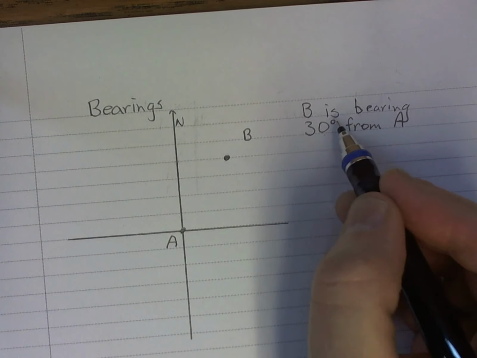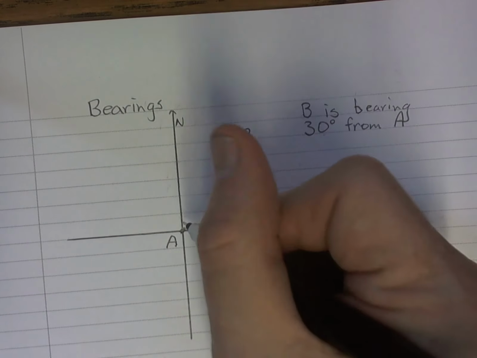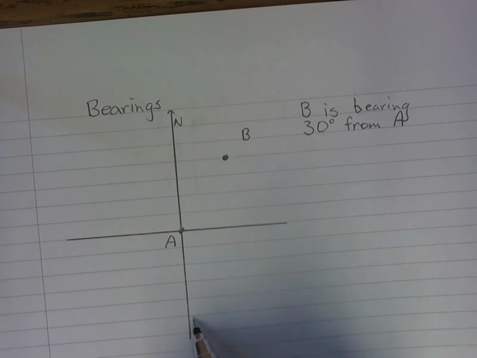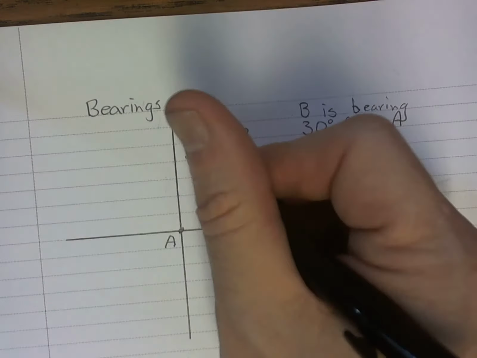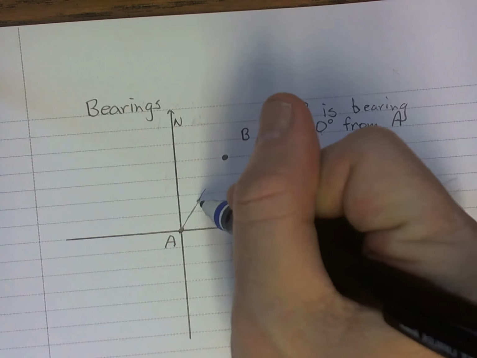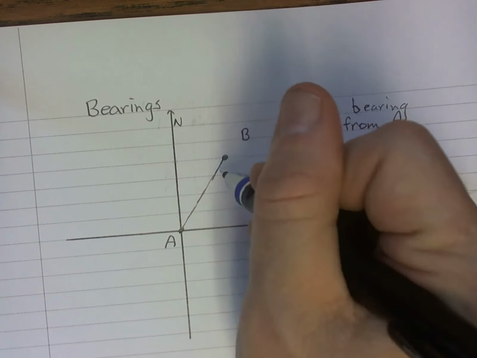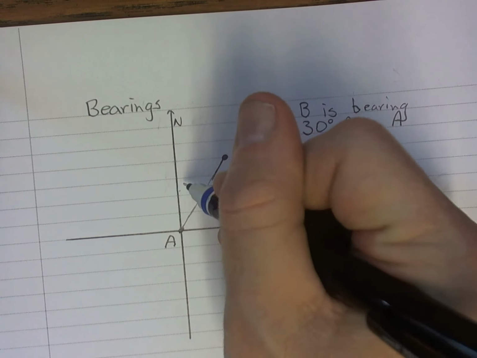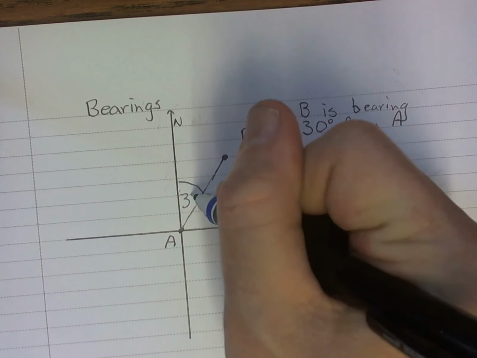When we say bearing 30 degrees from A, what we're talking about is when we make this axis through A, like I did here, and then we make an angle with the vertical axis here, this angle is 30 degrees.